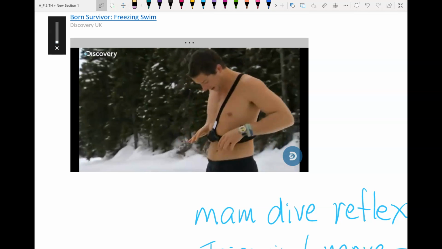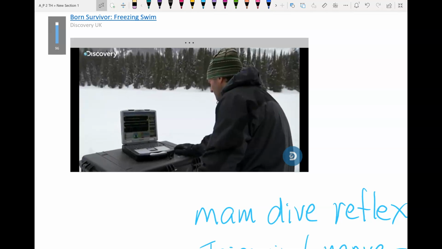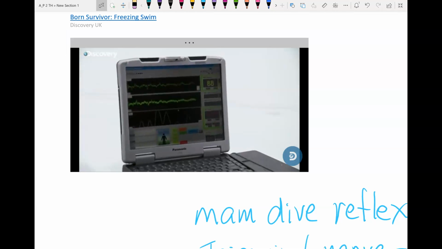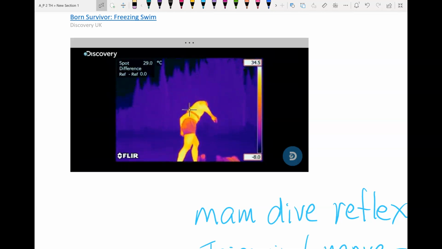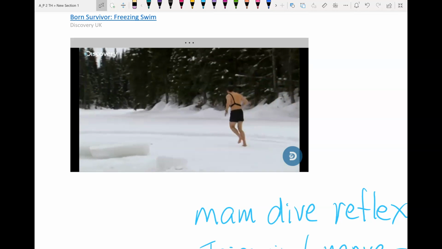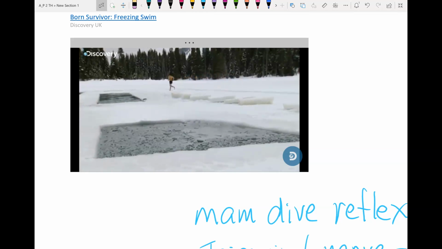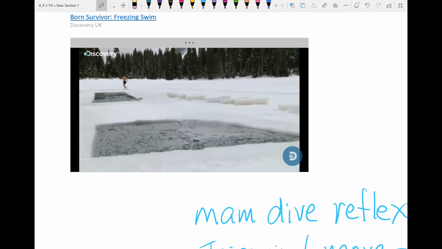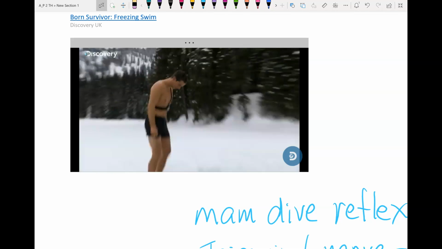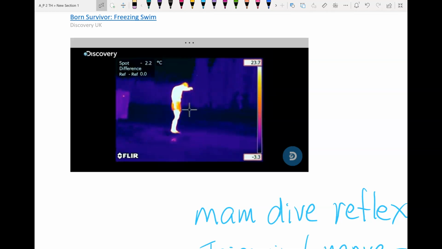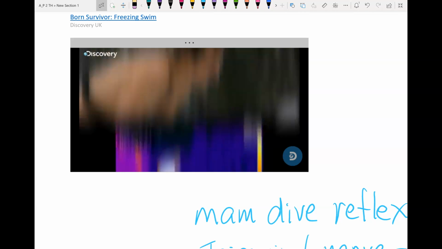Heart rate, but also my breathing rate. It's all linked up to a laptop, so the team can monitor me in real time. And I've got a thermal imager camera showing my skin temperature. Okay, let's get into this. My skin temperature's currently 88 degrees Fahrenheit. That's about to fall dramatically. I've got to swim over 80 feet. Half of that is under solid ice. Okay, let's go for this. It's much harder than normal.